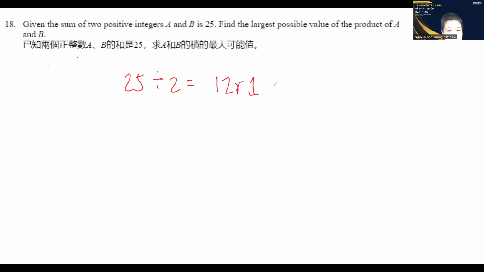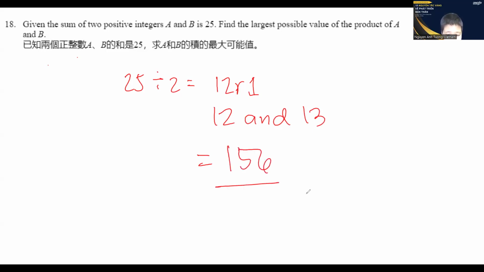I put 1 in one number, and then I have two numbers, 12 and 13. Then I multiplied, and I have the answer of 156. Okay, very good. So the answer is 156.